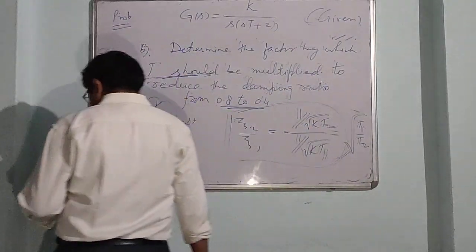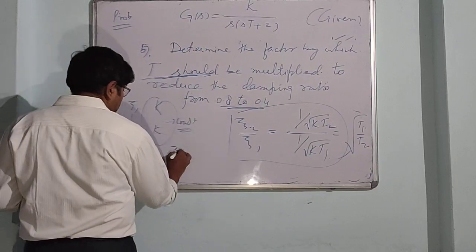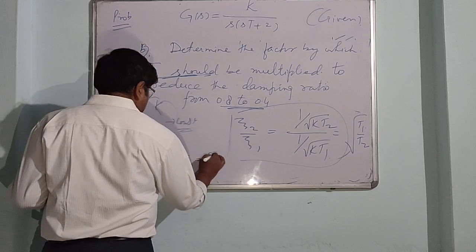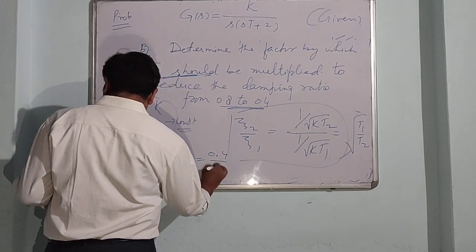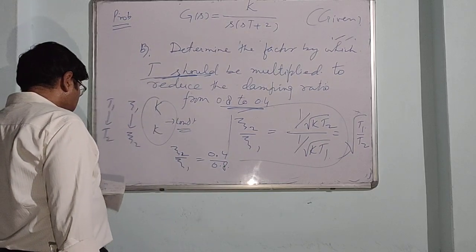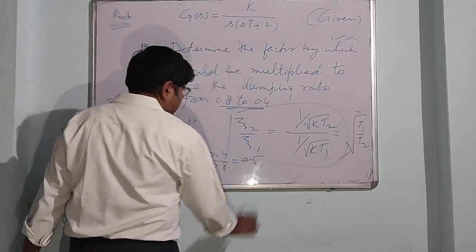So you can solve and get zeta 2 upon zeta 1 is given: zeta 2 upon zeta 1 equals 0.4 upon 0.8. Okay, so this is 0.5.